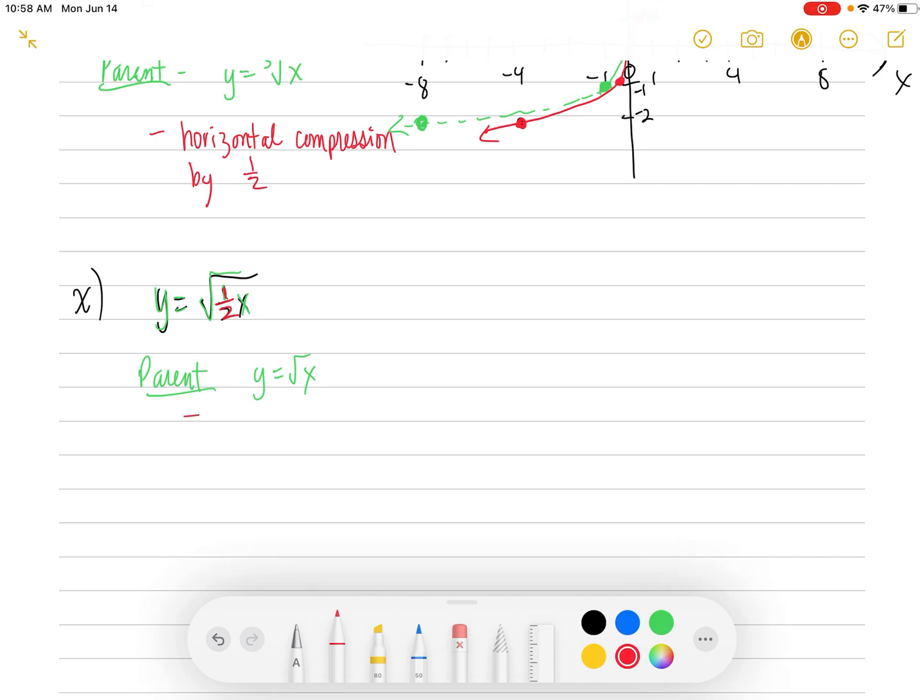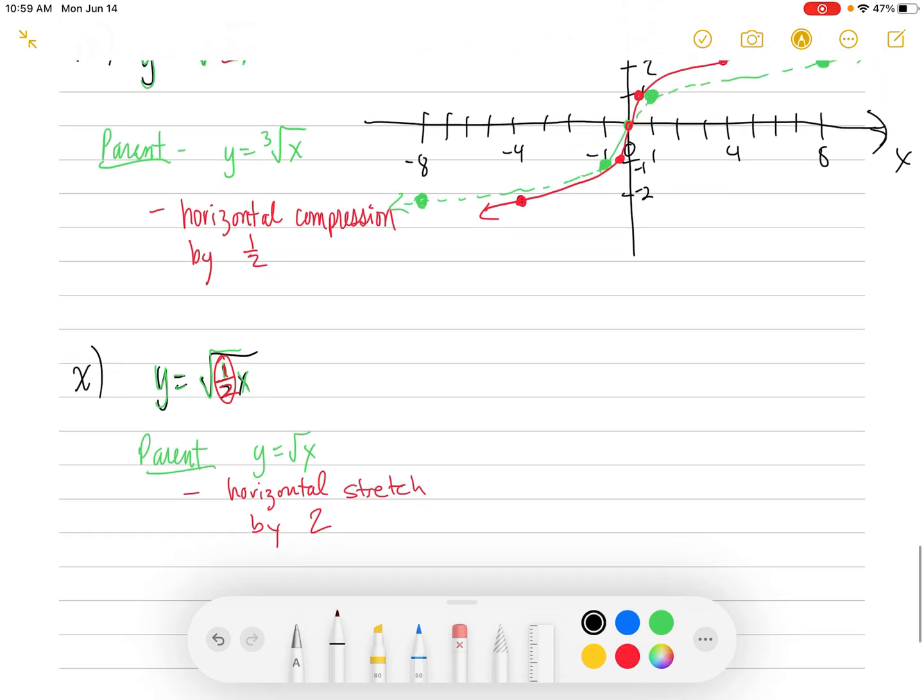So because it's inside of the house and multiplied, it's going to be horizontal. Is it going to be a stretch or a compression? It's going to be a stretch because you look at the reciprocal factor. Horizontal stretch by, so I'm going to take 1/2 and take the reciprocal. So I take this number 1/2, the reciprocal of 1/2 is 2. So horizontal stretch by 2. All right, so here we go.